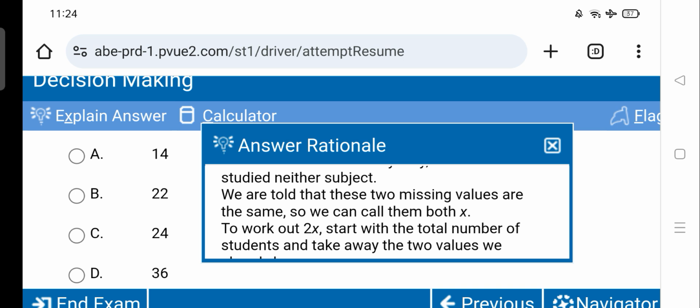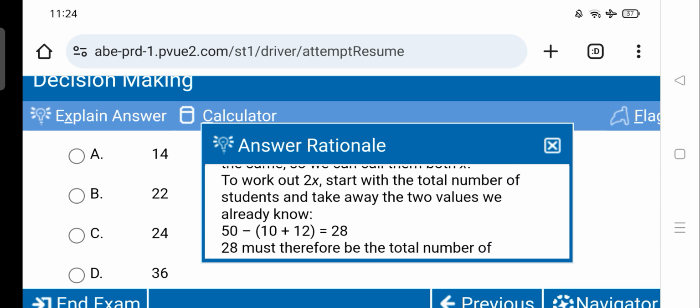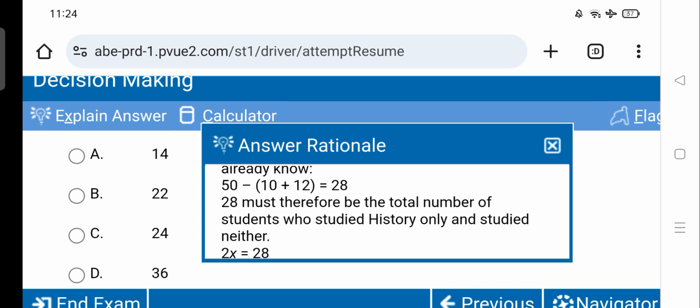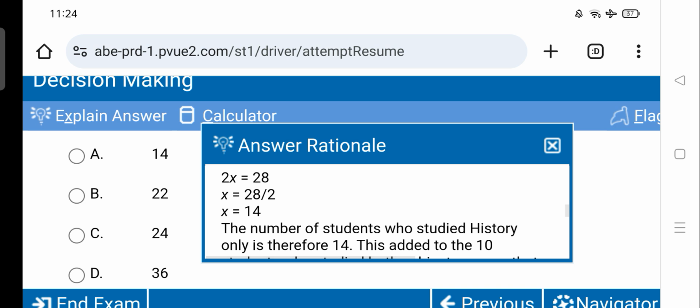To work out 2x, start with the total number of students and take away the two values we already know. So 50 minus (10 plus 12) equals 28. 28 must therefore be the total number of students who studied history only and studied neither. 2x equals 28 and x equals 28 divided by 2. So the value of x is 14.